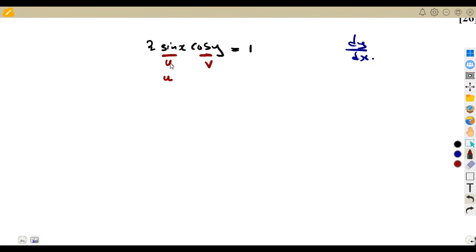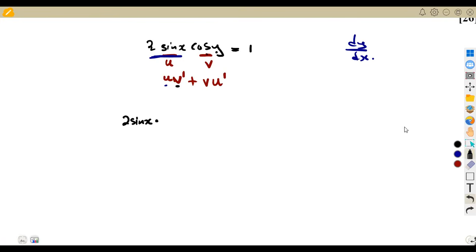So using our product rule, we are going to have u, the first derivative of v, plus v, the first derivative of u. We are going to take our u as it is, which is 2 sine x. So that is going to be 2 sine of x multiplied by the first derivative of v, which is cosine of y.